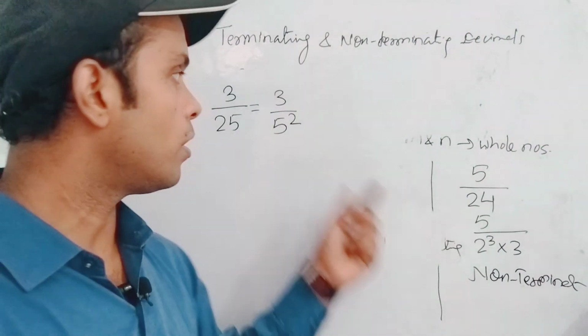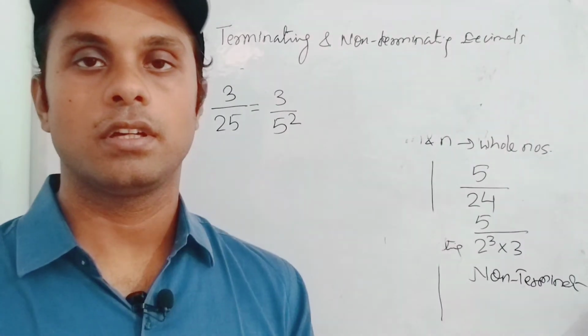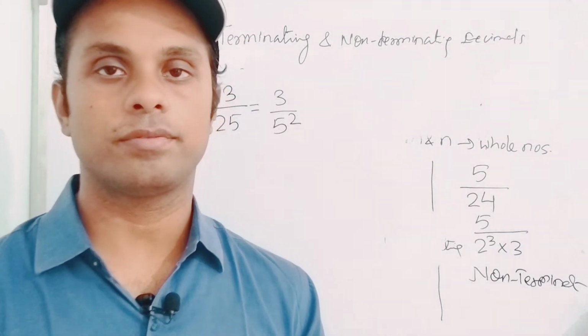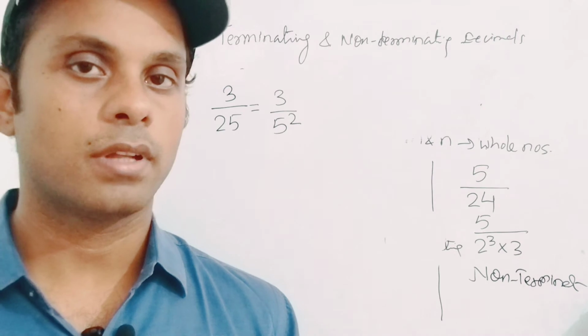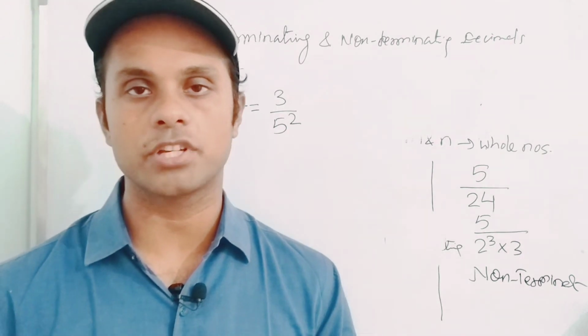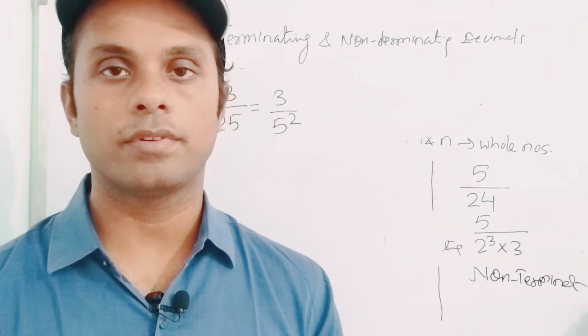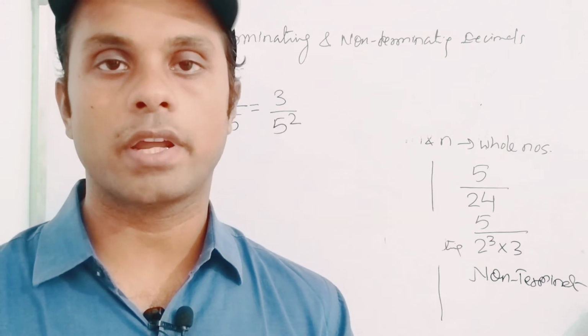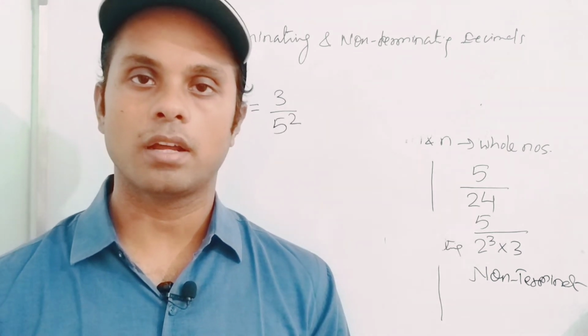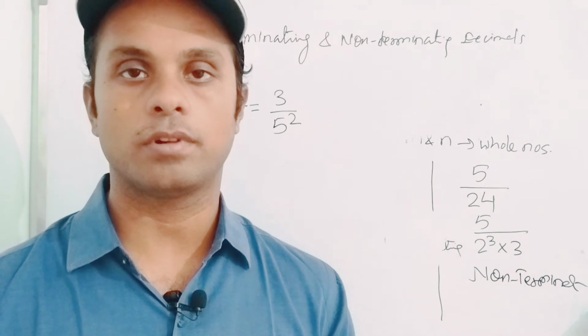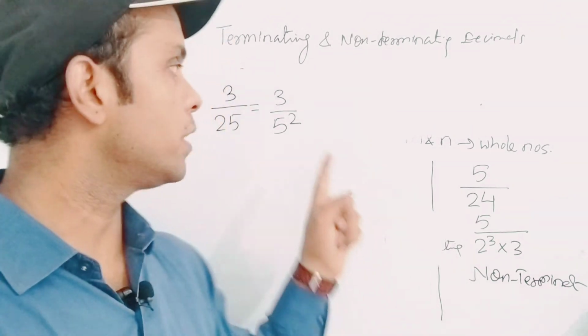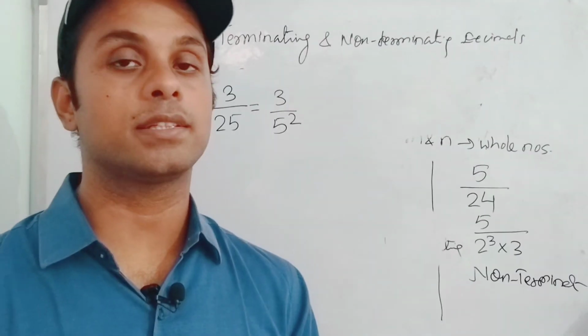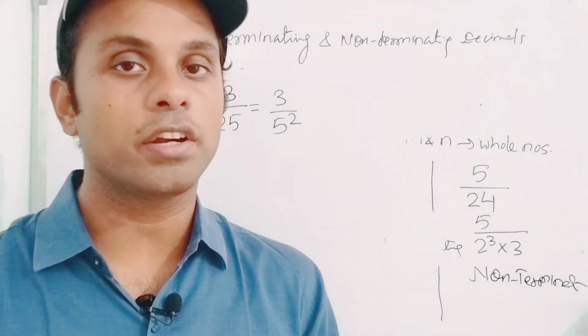So already here the denominator is in the form of 5 raised to the power n. Already I told you the denominator must be in the form of 2 raised to the power m into 5 raised to the power n, or in any one of them. So this is a terminating decimal, we can say, without long division.